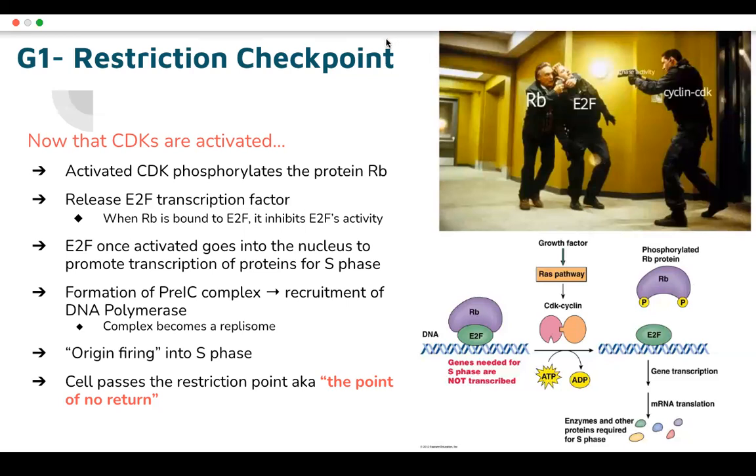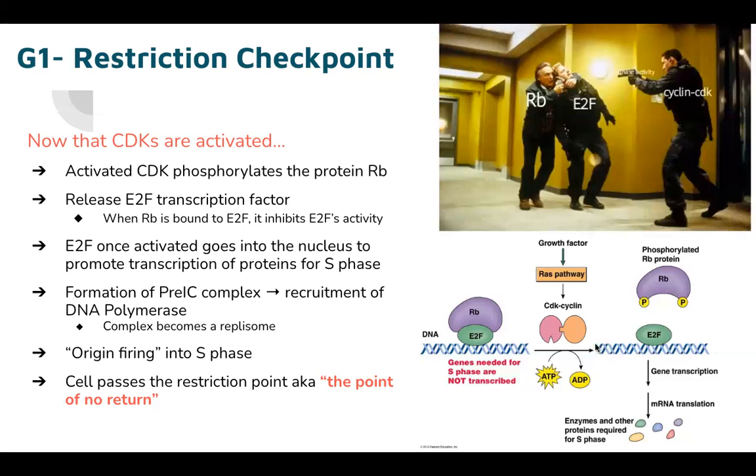I just want to show this picture here. It allows it to transcribe these genes that are needed for S phase. And then these genes code for proteins that, once transcribed and translated, will help initiate S phase, but also a lot of them will be involved in the formation of the pre-IC complex.